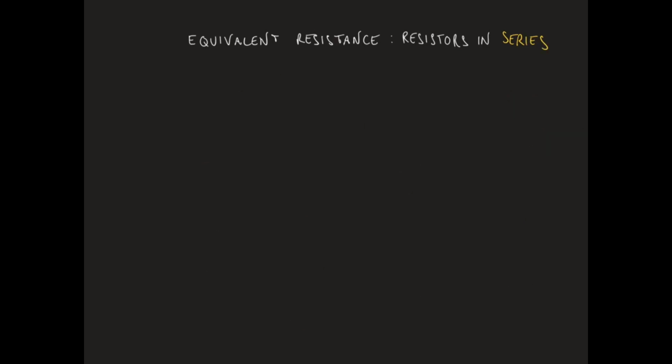So two resistors in series, R1 and R2, can be represented by means of an equivalent resistor with resistance Rs equal to R1 plus R2.